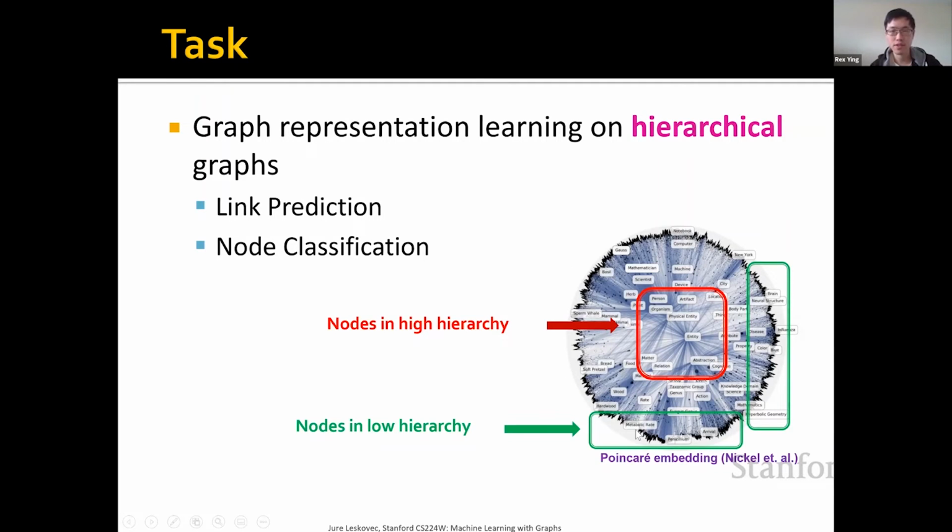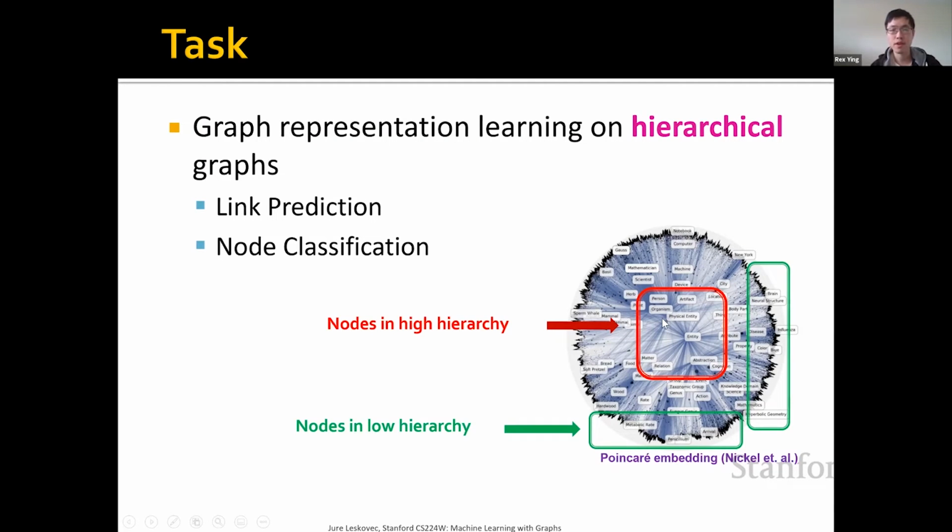In this visualization, which is in the form of a Poincare ball, we can see that entities are embedded inside this Poincare ball. Towards the center are the nodes with very high hierarchy, or nodes that are towards the root of the tree. For example, we have a physical entity, abstraction, organism.